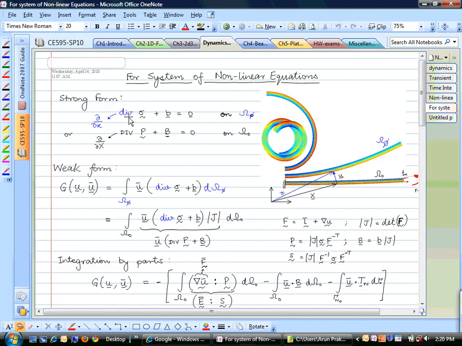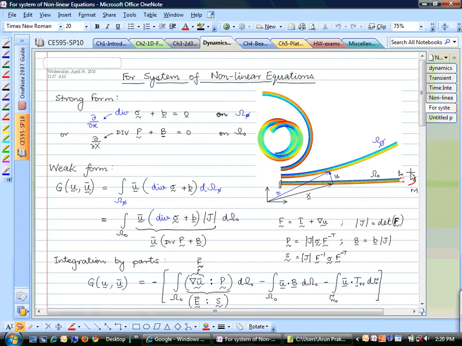This divergence is with respect to the new configuration. This divergence is with respect to the old configuration. This problem is basically applying an end moment to a cantilever beam, and it should completely become a circle, or if you keep on increasing the moment, it will keep on wrapping around itself.